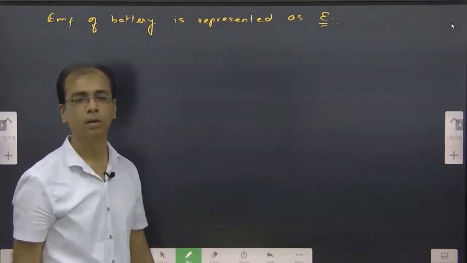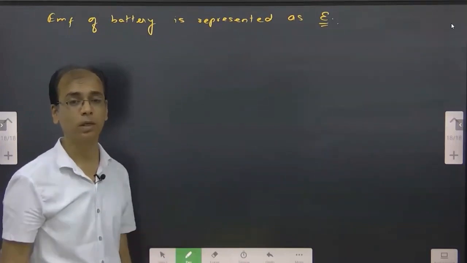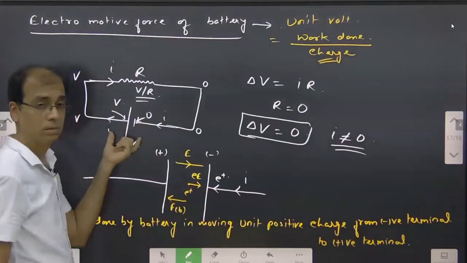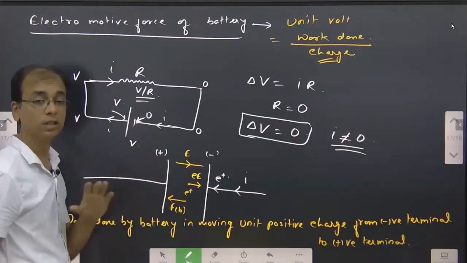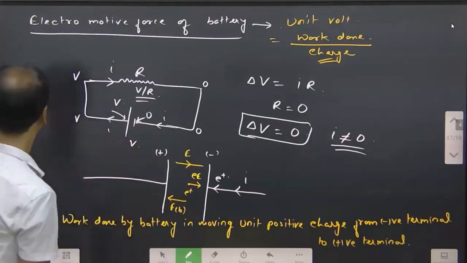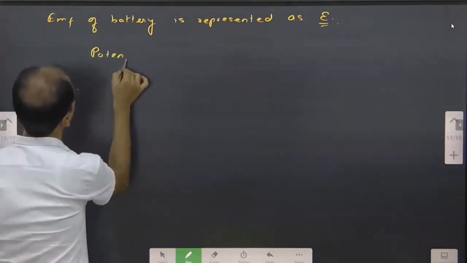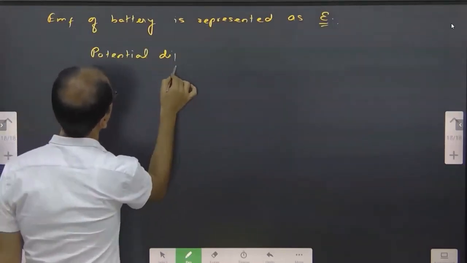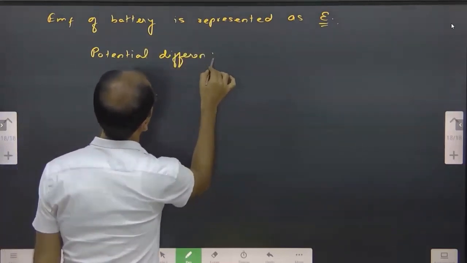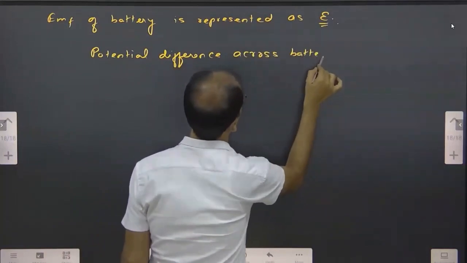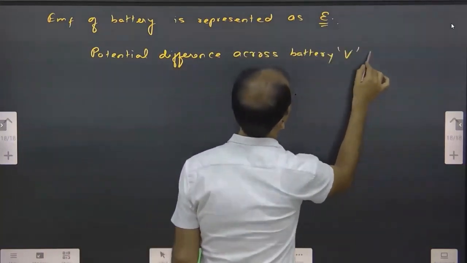This is EMF. Now the question is, is this EMF equal to the V that we are using every time we draw a battery and write V? So this V is not EMF. This V is the potential difference across the battery. V is not EMF.